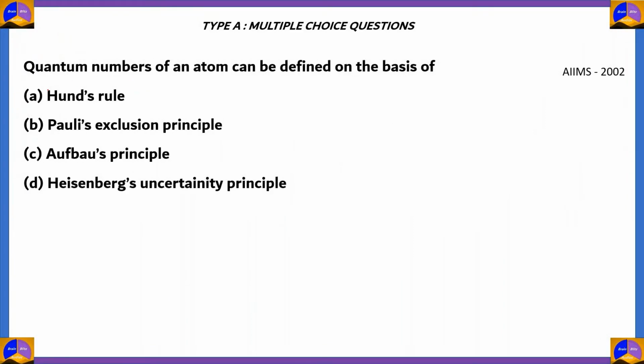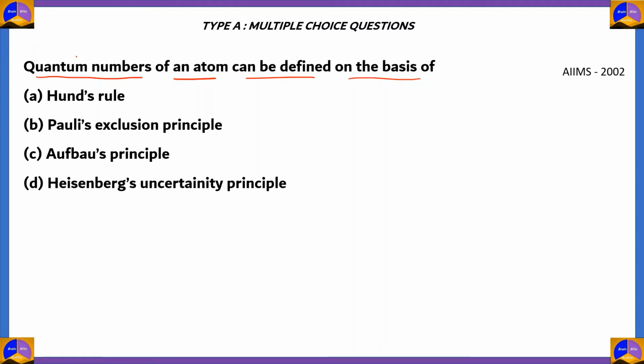Next question. Quantum numbers of an atom can be defined on the basis of A, Hund's rule for maximum multiplicity, B, Pauli's exclusion principle, C, Aufbau principle, D, Heisenberg's uncertainty principle.